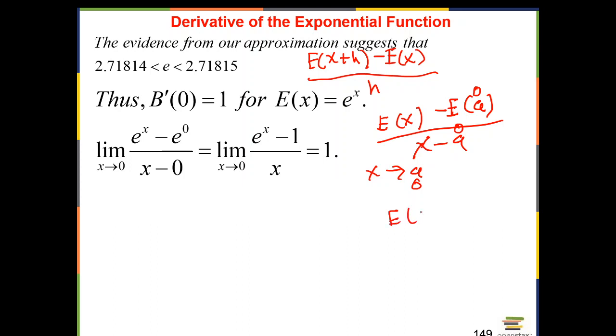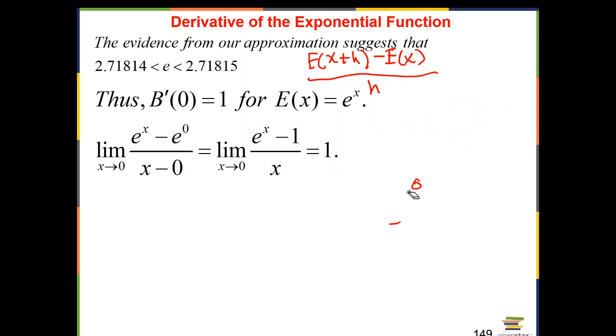Well, we get e to the x minus e to the 0 divided by x minus 0, right? And here x approaches 0. Because remember, in this case, x has to approach a, and our a is 0, right? So x approaches 0, and that's what we get. So that's the derivative if we use the base e, right?